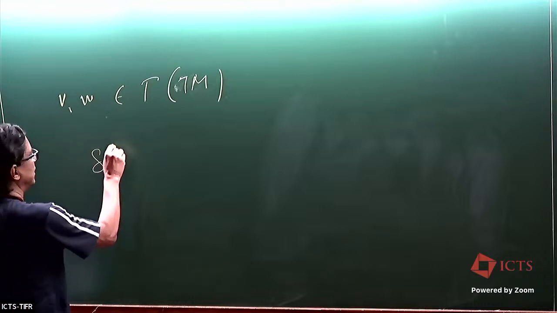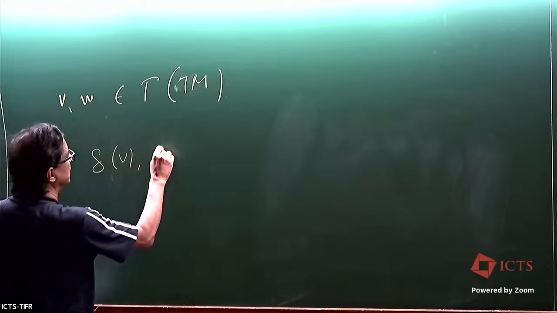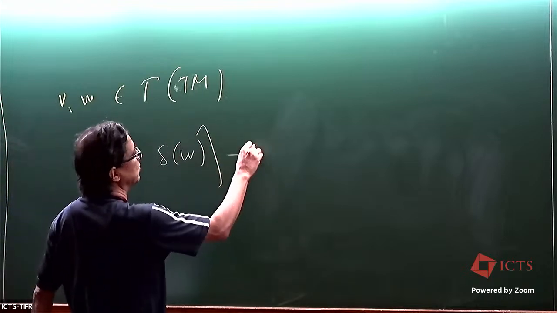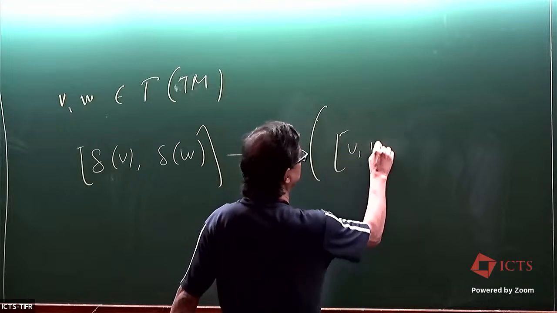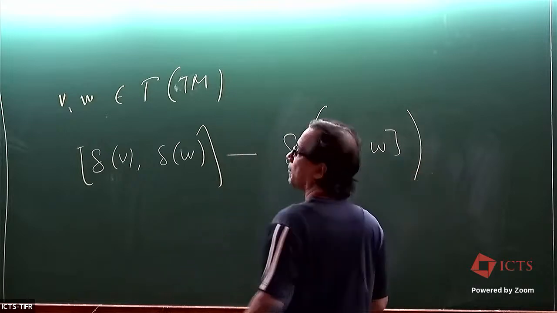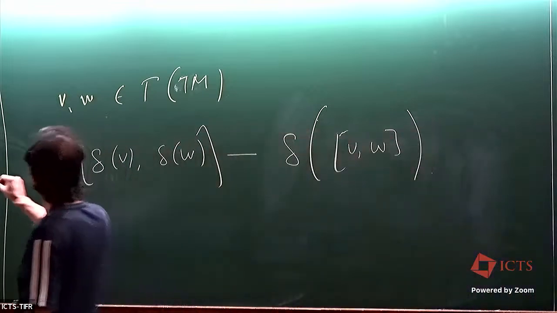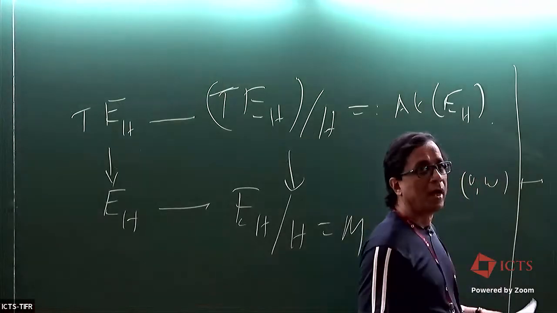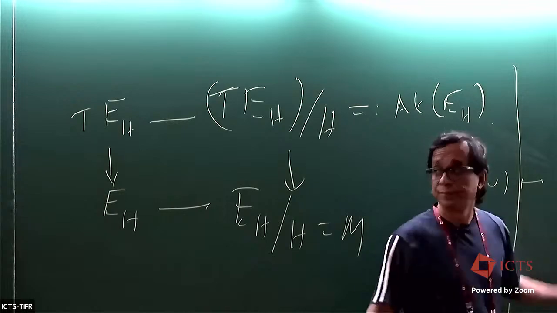Now you can take delta of V, delta of W, Lie bracket. Now subtract delta of the Lie bracket, which sends V, W to V comma W.